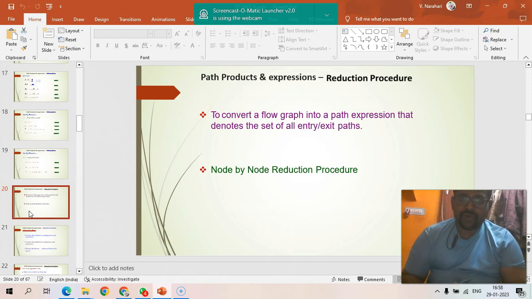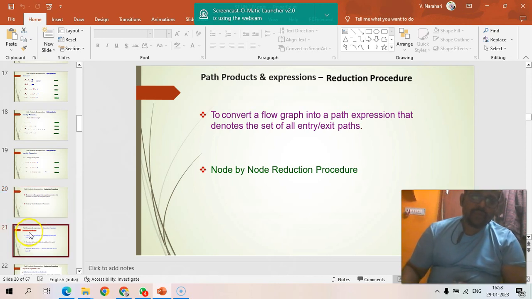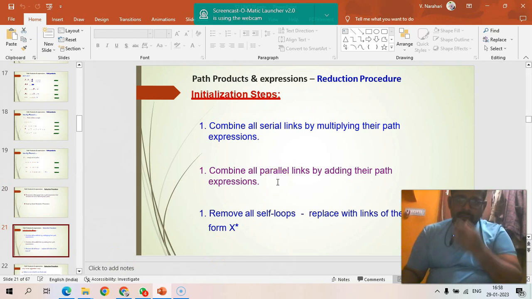For that we need to follow some steps. First of all, we need to implement three methods in this particular procedure. One is path sum, path product.